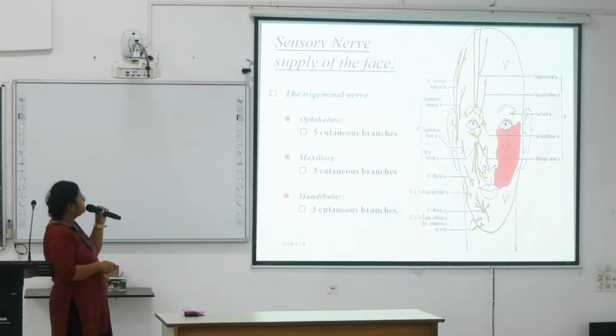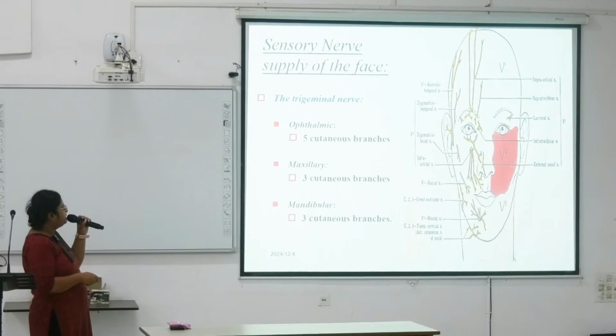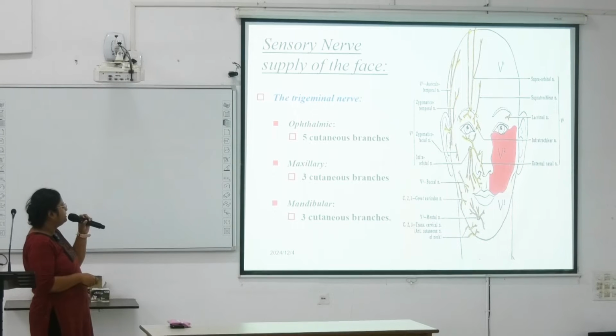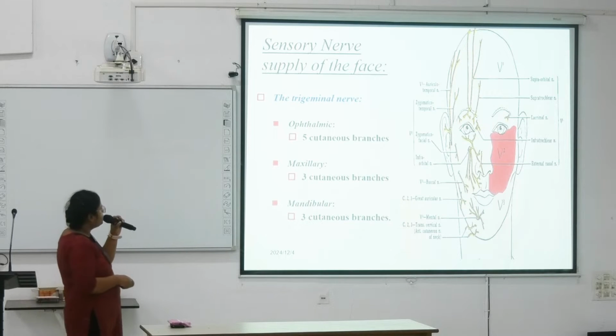These three are branches of the maxillary division. Then mandibular division: buccal, mental, and the auricular branches. Okay, this buccal, mental, and this great auricular branch, this is coming directly from the cervical plexus. Okay. So all these are coming from the mandibular division.